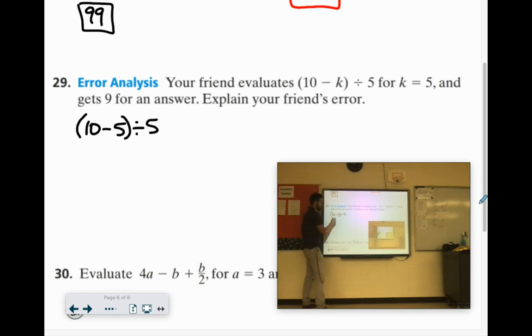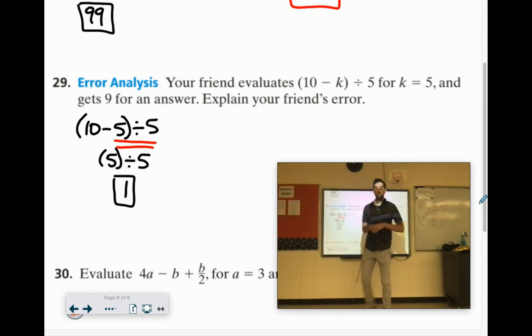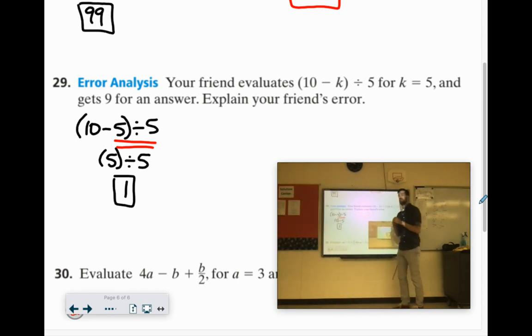You should do parentheses first. 10 minus 5 is 5. Divided by 5 should give us 1. That should be the correct answer. So how did they get 9? They probably ignored the parentheses and they did division before subtraction, which would make sense if there were no parentheses. But because there's parentheses, you have to do what's grouped together first.